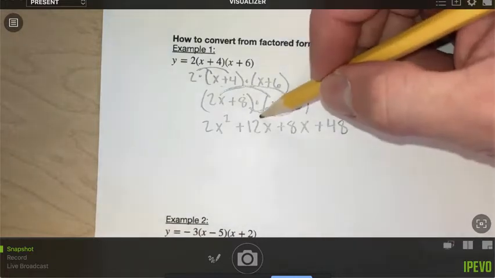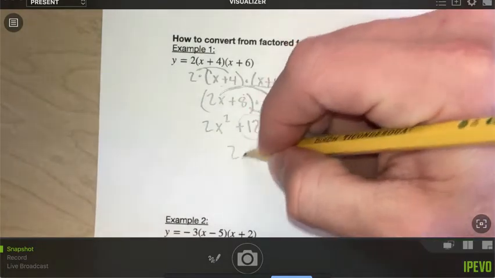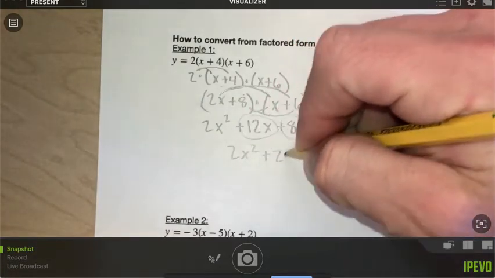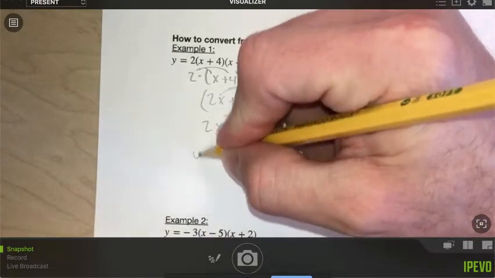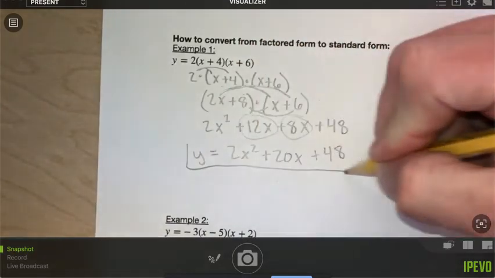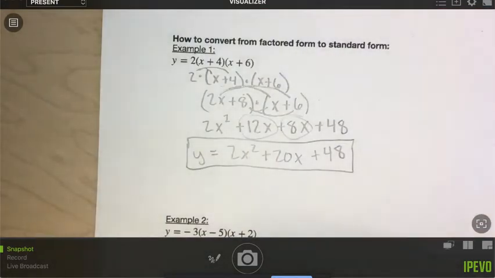And so these two things can actually be simplified to a plus 20x. And so that means in standard form, that is my equation.